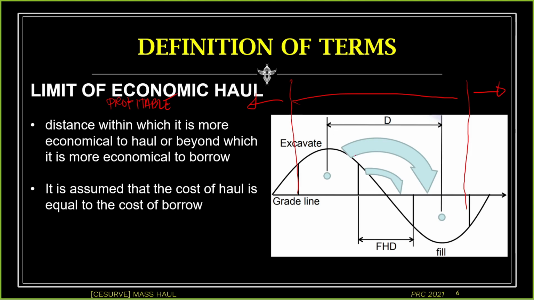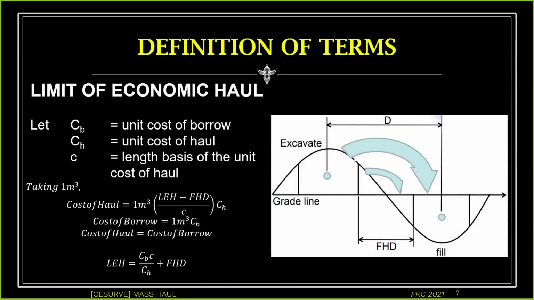So here, the cost of hauling would be the same as the cost of borrowing. Since the cost of hauling and borrow are the same within this limit, we transfer the material here, instead of buying new soil. So we just haul. However, beyond that it is more expensive, because the travel and logistics are farther.